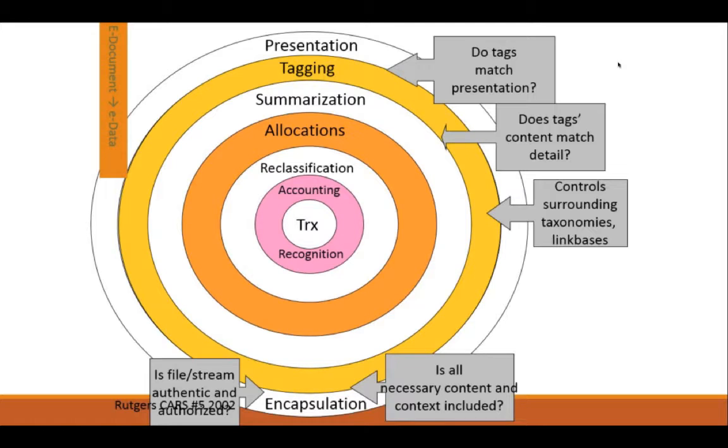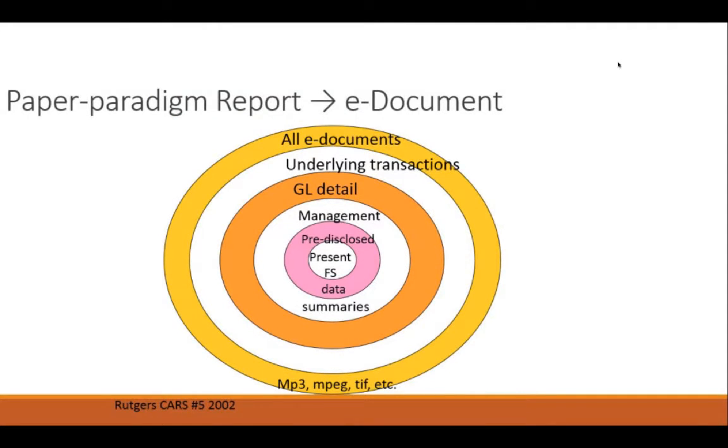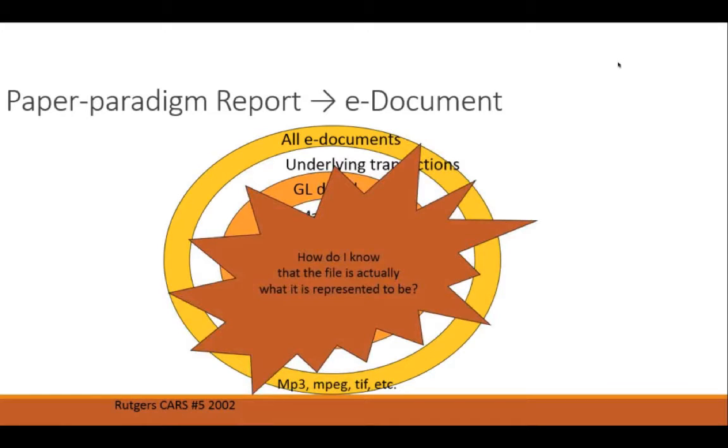We also want to make sure the taxonomies are accurate and correct, and whether all the information has been tagged. Those are the issues related to the assurance on the XBRL document.